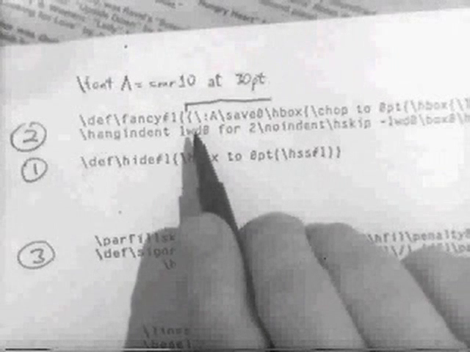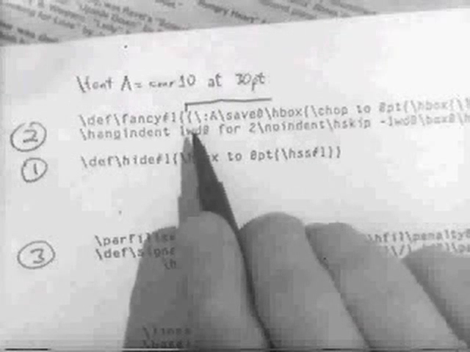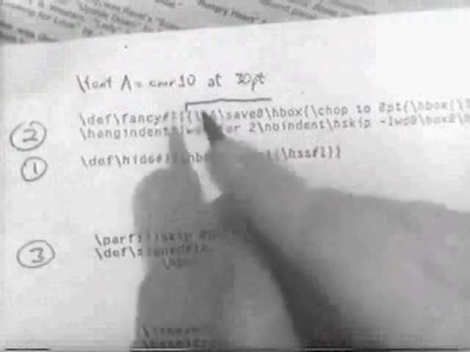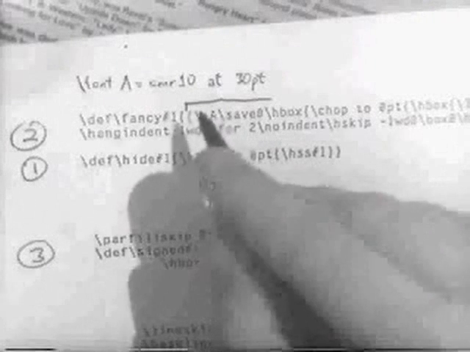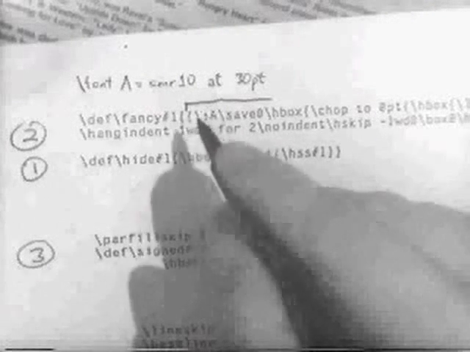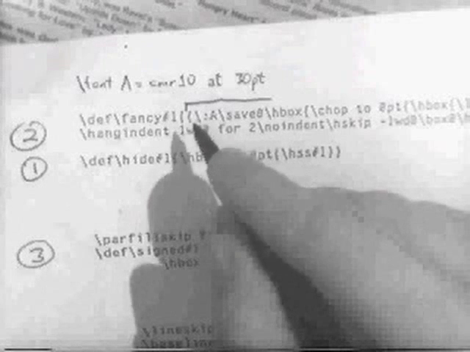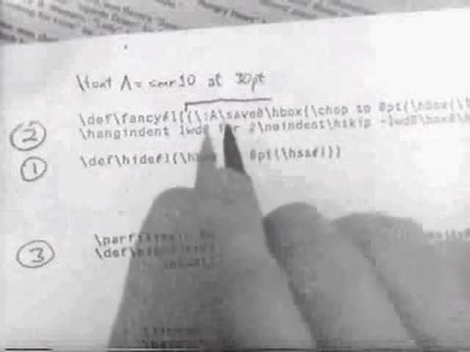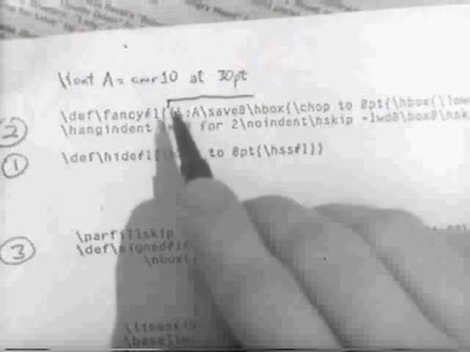And if I had been more careful, I probably would have said par at the beginning, because it's a good idea when you're writing a macro for general purpose use, if the macro is supposed to only work in vertical mode, to put par in front of it. That'll tend to put you in vertical mode if you weren't already, and mean fewer runtime errors for people who forgot a blank line before that one. Okay, but I didn't in this case, so I could have stuck par right in there.